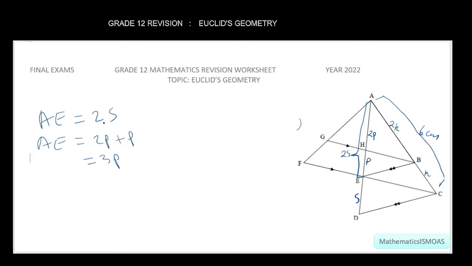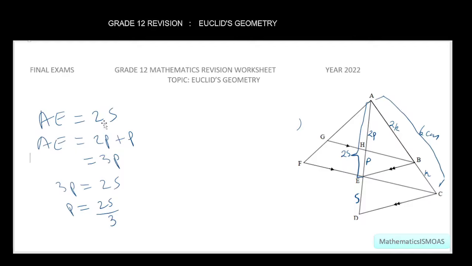Therefore 3P is equal to 2S. Then divide both sides by 3. We get P is equal to 2S divided by 3. That is what we will get.